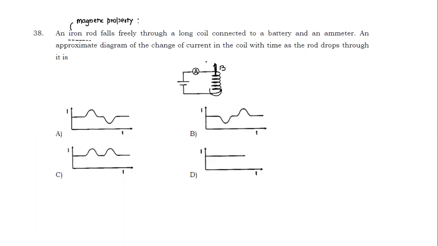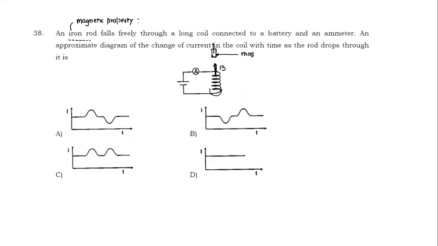Now, if we place an iron rod in a magnetic field, the iron rod also starts to behave like a magnet. It acquires a magnetic property, and it develops a magnetic dipole moment in the same direction as the magnetic field.